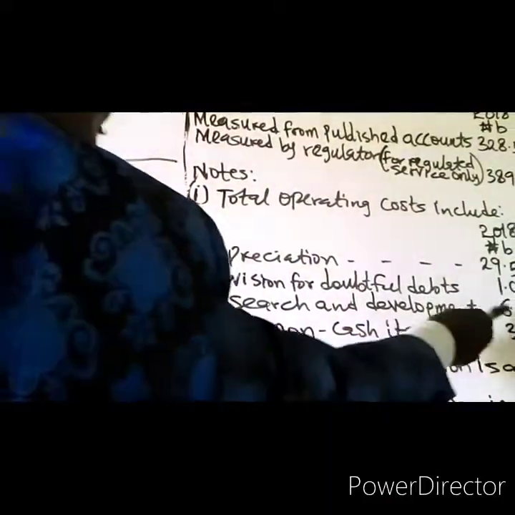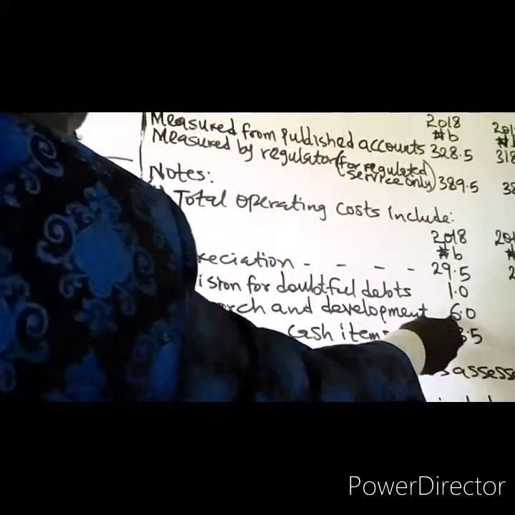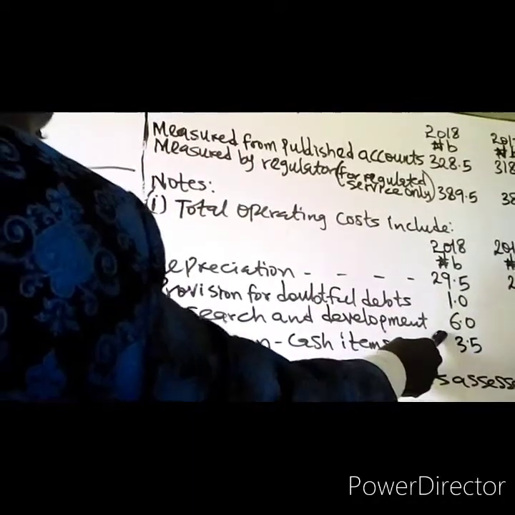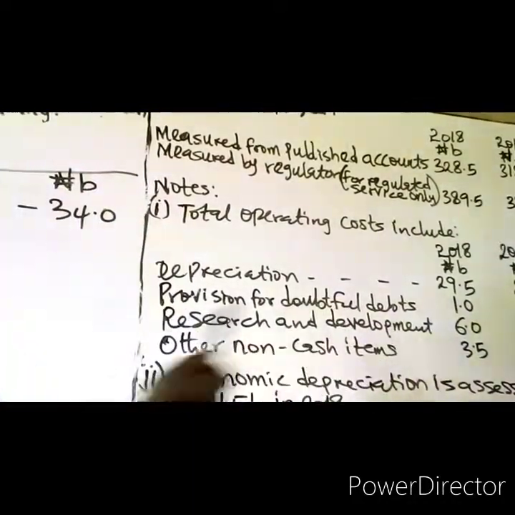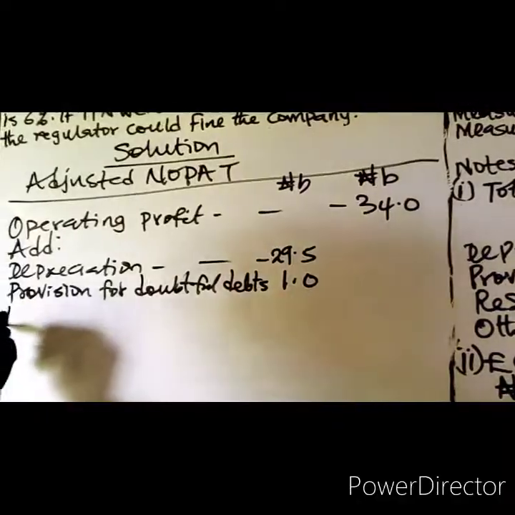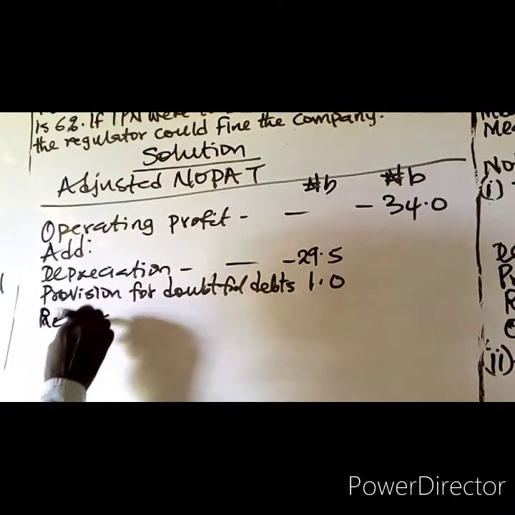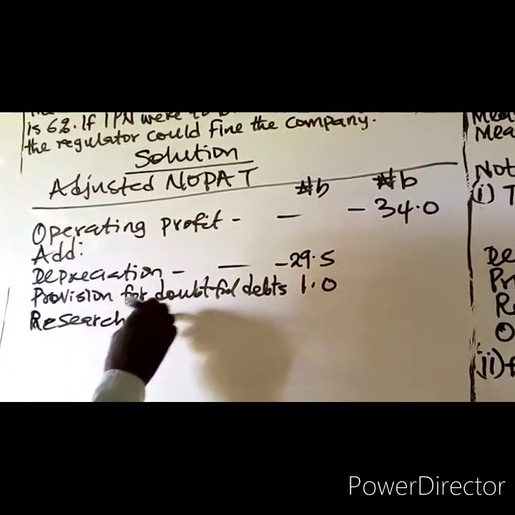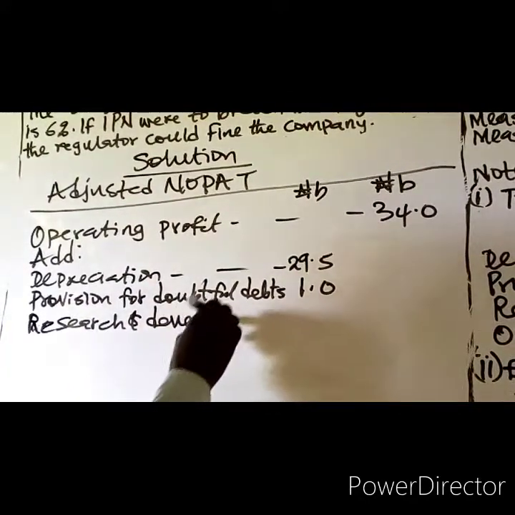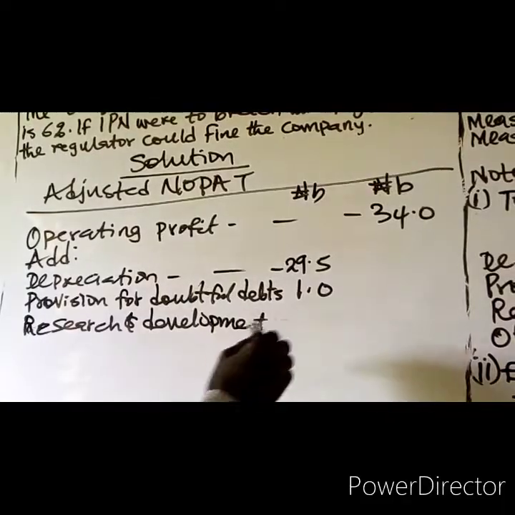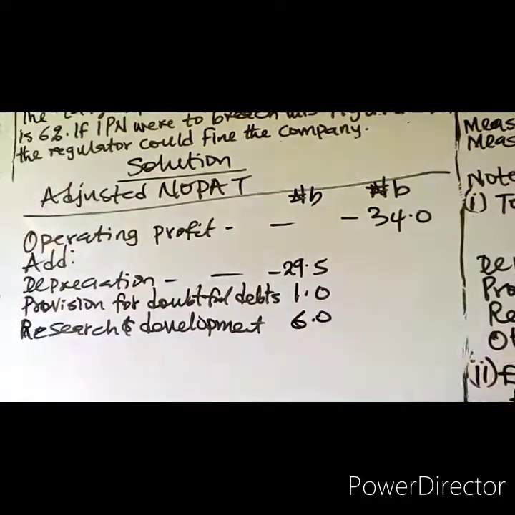Then you also have research and development. So since this item has been charged as an expense, you add it. So we have research and development, and that is 6.0 billion naira.